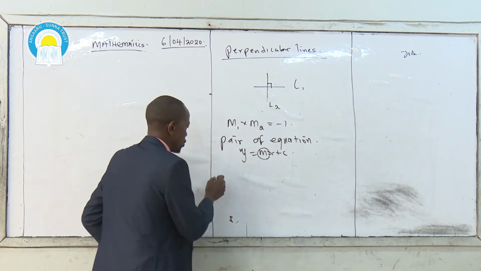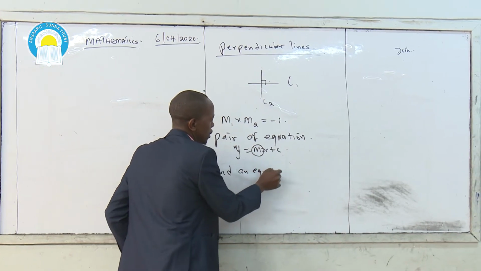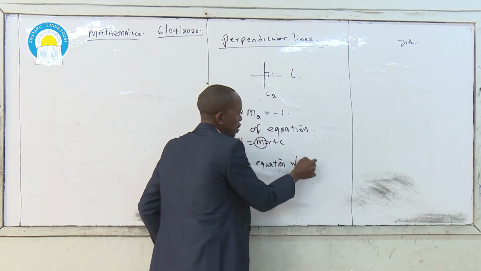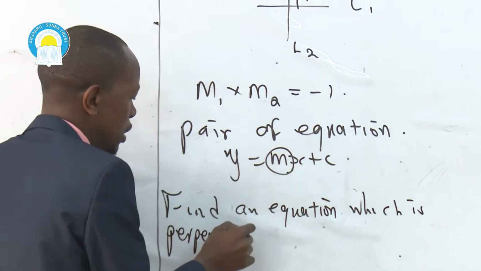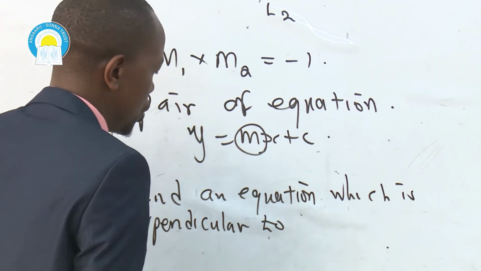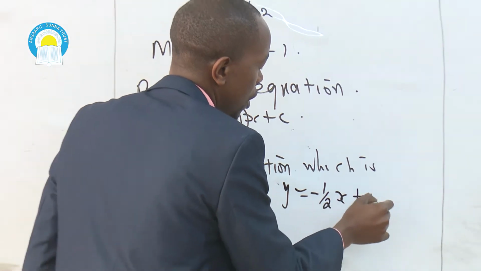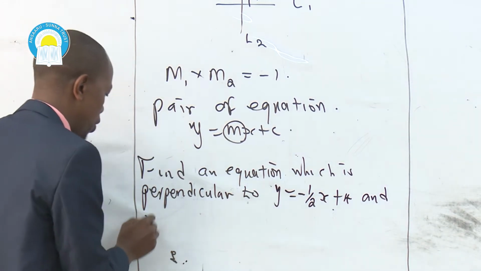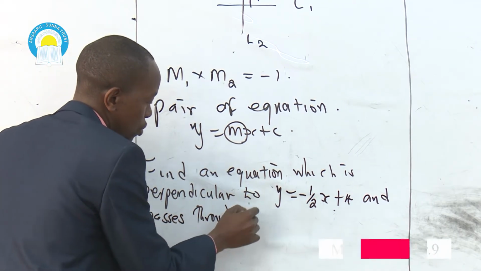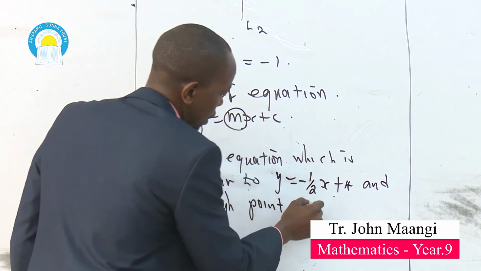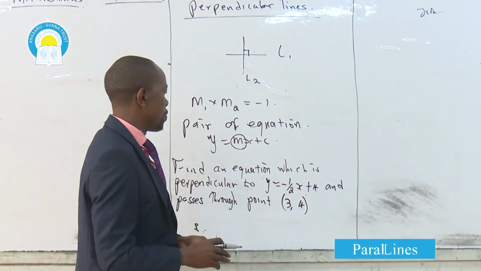For example, we said find an equation which is perpendicular to y is equal to -1/2 x plus 4 and passes through the point (3, 4).